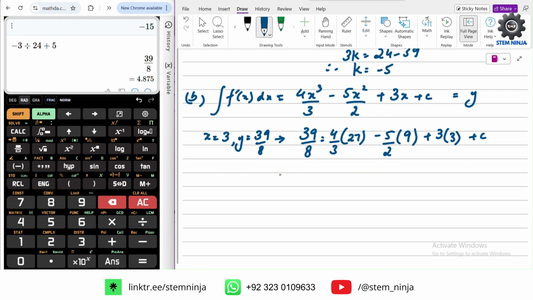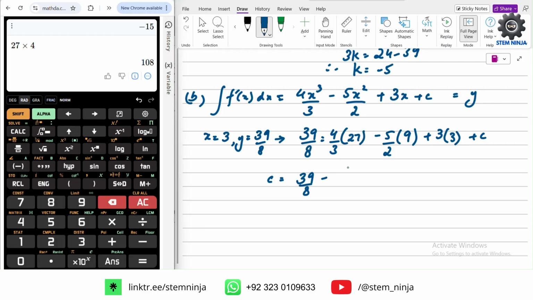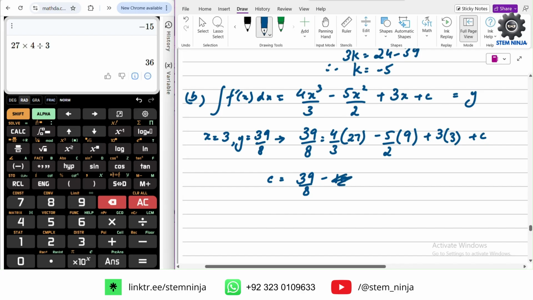So c would be equal to 39 over 8 minus 4 times 27, 108 over 3, 36, plus 45 over 2 and minus 9. So just to make sure that this thing is subtracted, this thing is added, and this thing is subtracted.